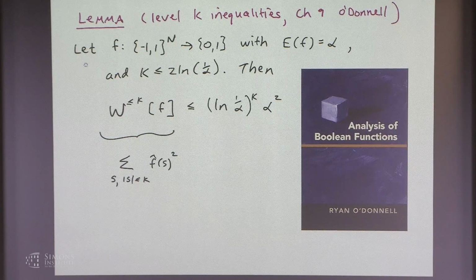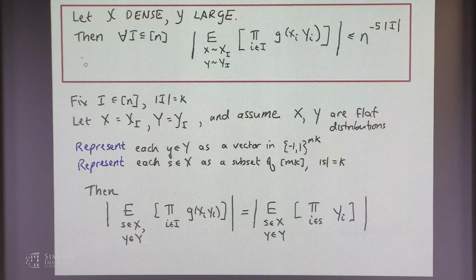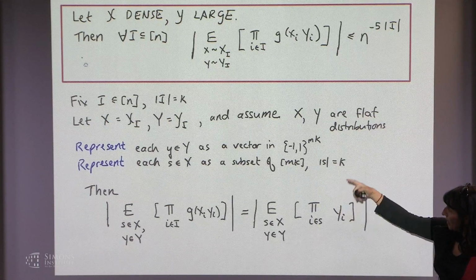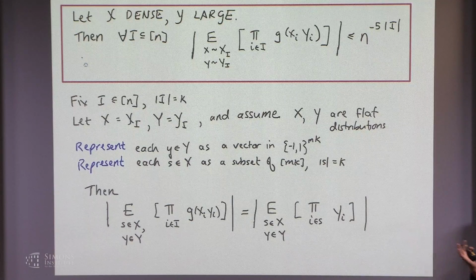Okay, so I just want to show you how, once you have this lemma, the uniform marginal lemma follows pretty immediately. So again, I is just some subset of the coordinates. I'm really going to focus on the part of x.